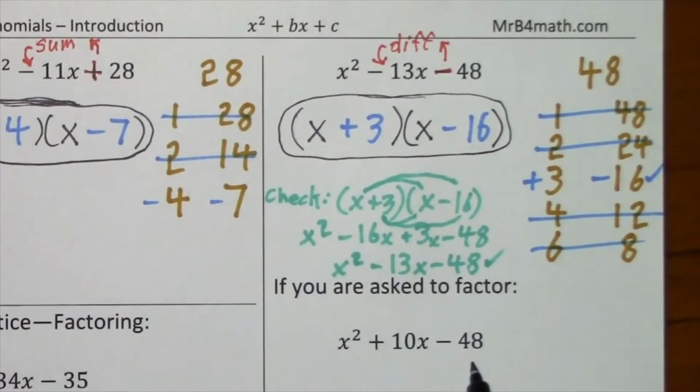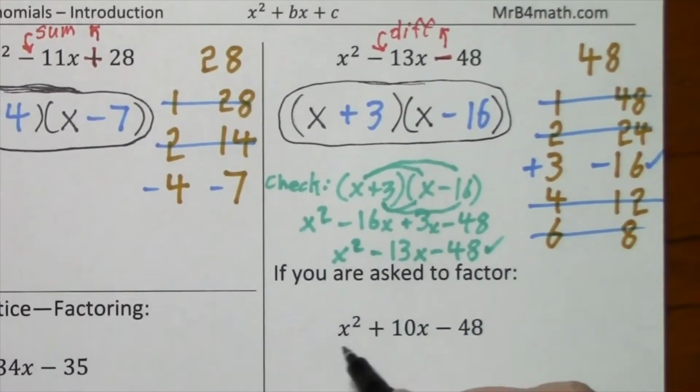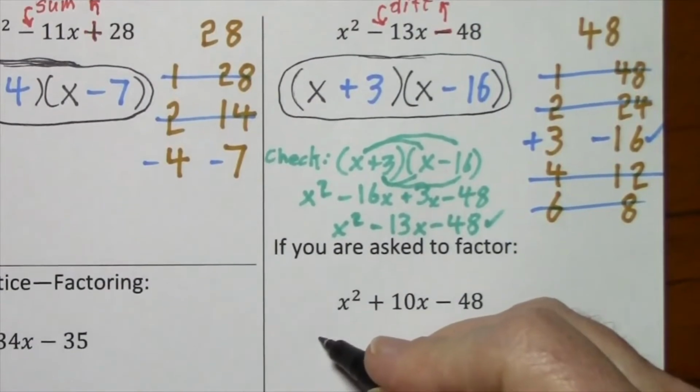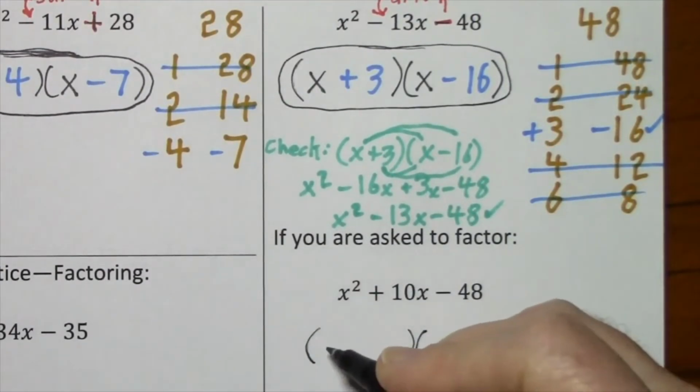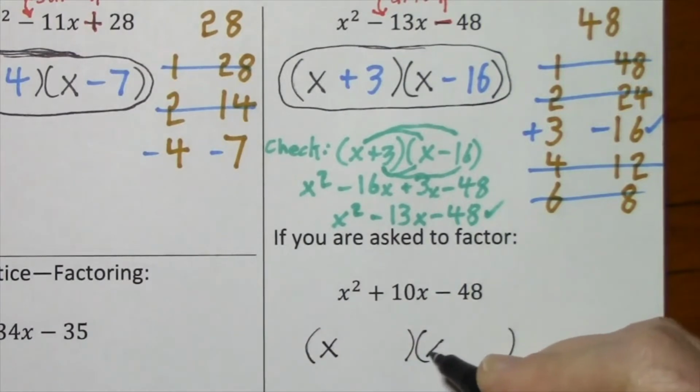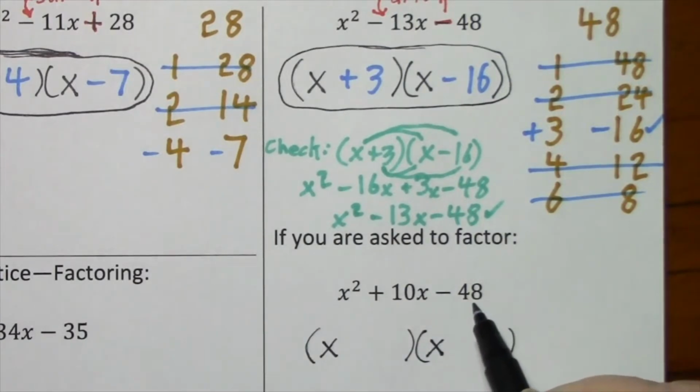Now here, if you're asked to factor, you say, all right, well, I can take care of the x squared with x times x. For this last term, I'll just list all my factors.